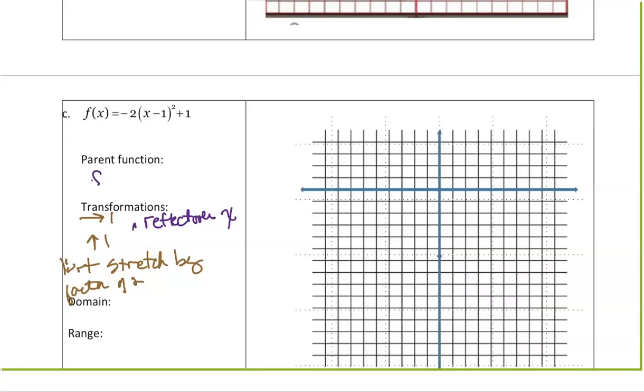Okay, my parent was still f of x equals x squared. Get that parent function. 1, 2, 3, 4. Very good. Okay, so here's my parent function.